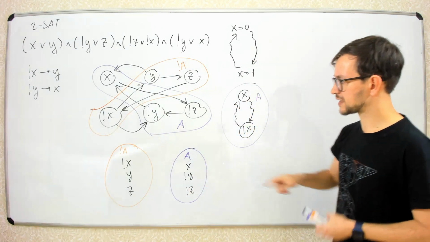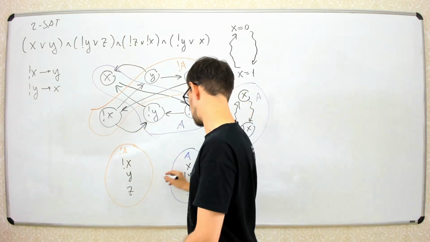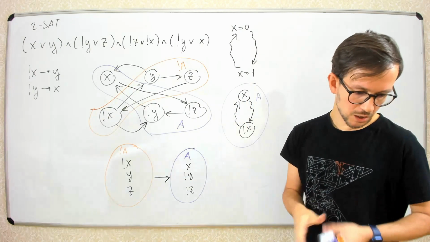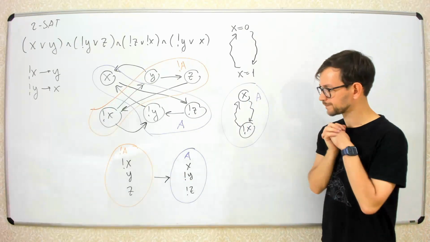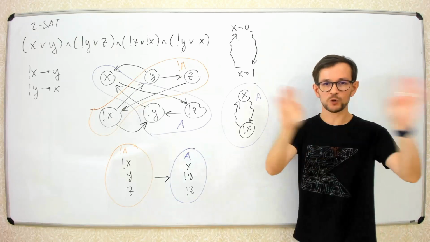And we have this edge from node A to not A. So let's put it here. We have this edge. Now let's see. That's all preparations.